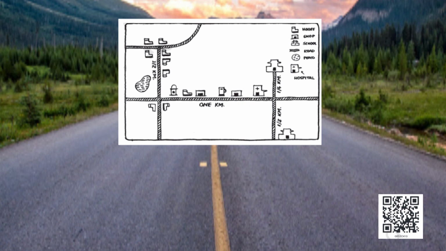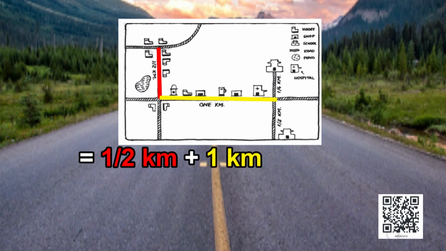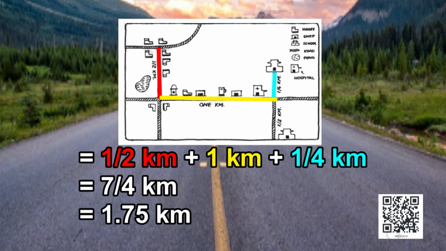Now, the distance between the sister's school and the house is equal to 1/2 of a kilometer plus 1 kilometer plus 1/4 of a kilometer, which is equal to 7/4 kilometer, or in other words, it is 1.75 kilometers.